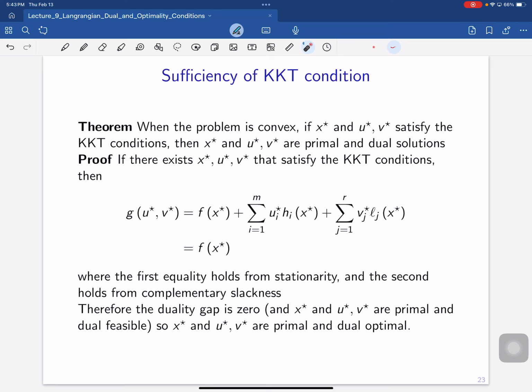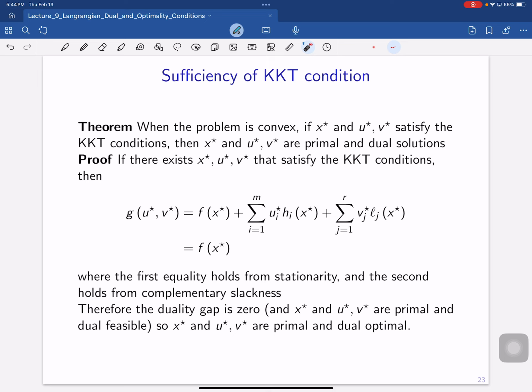So when the problem is convex, if x star, u star, and v star satisfy the KKT conditions, then they are the primal and dual optimal solutions. Okay, so the proof is also quite simple. You can assume there exist these solutions that satisfy the KKT conditions.